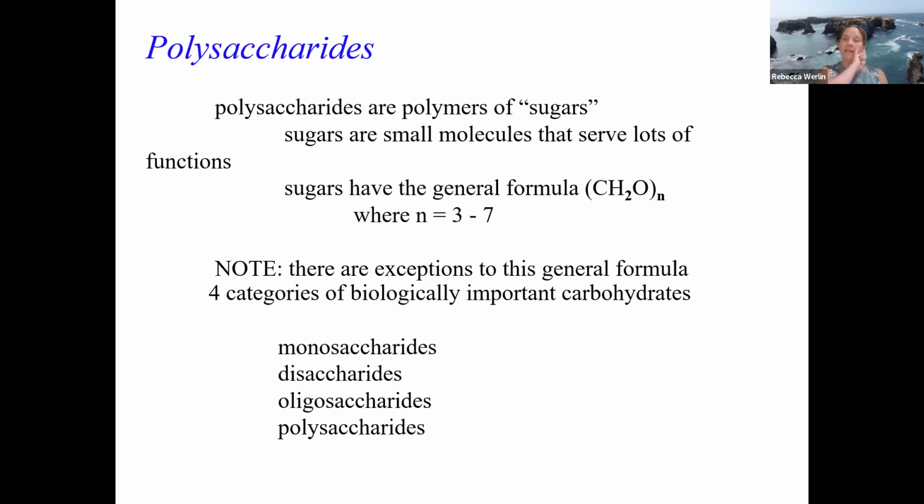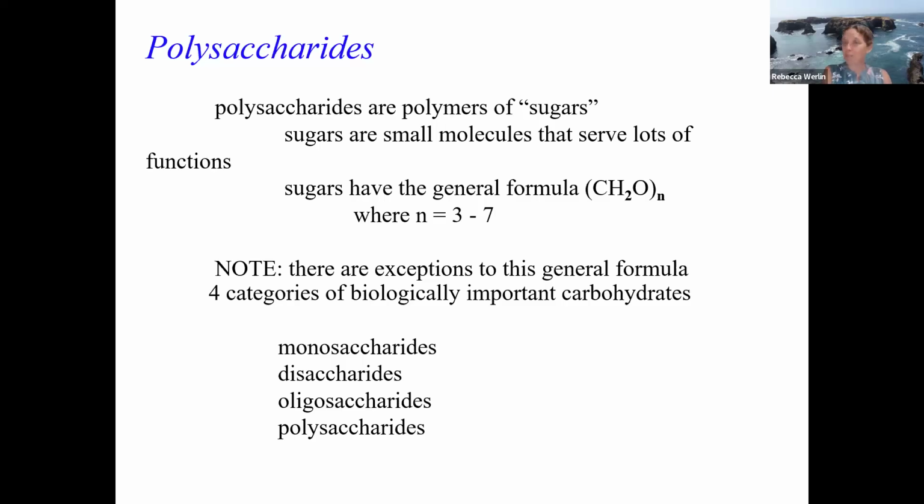Now, the number of carbon atoms is how we define saccharides. So a 3-carbon sugar has 3 carbons. A 4-carbon sugar has 4 carbons. A 6-carbon sugar has 6 carbons. And usually, most sugars and most saccharides follow the rule of 1 carbon means 2 hydrogens means 1 oxygen.